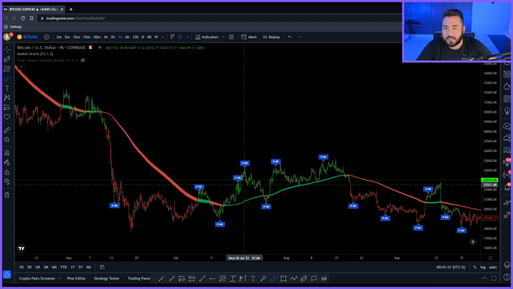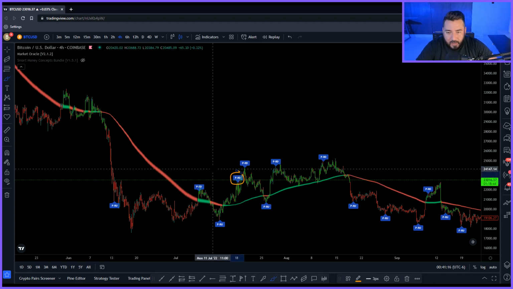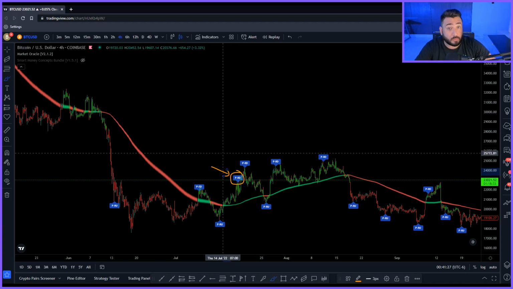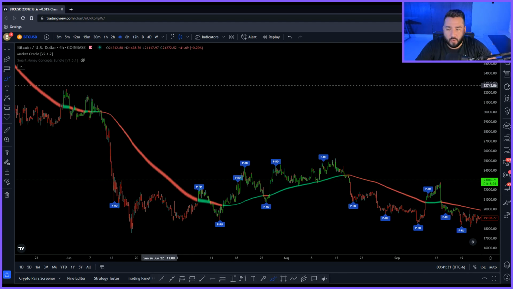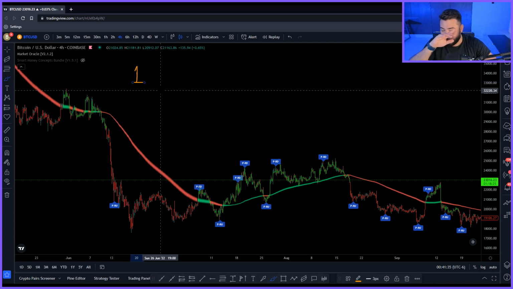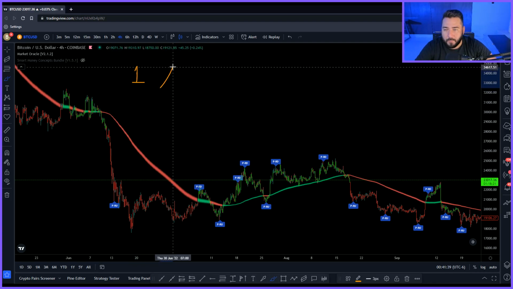But let's dive right in and also take a look at this specific flag. So we also take a look at every single condition and every single possibility around the blue flags, right? Which is reversal mode. So let me clear this up and then start drawing. So first things first, possibility number one is that the price keeps going up, right?